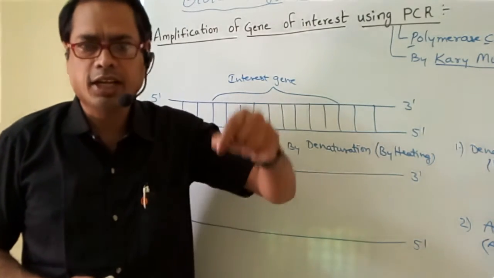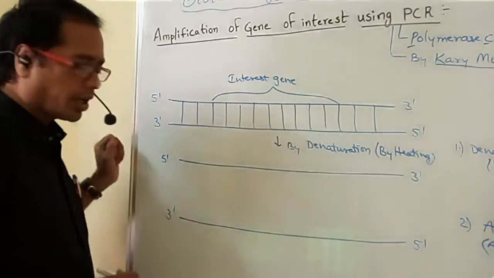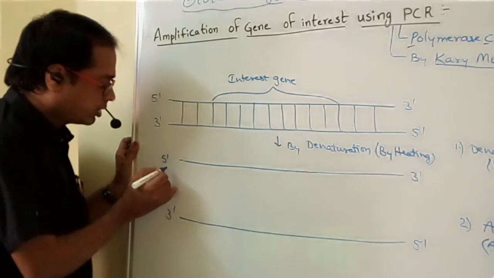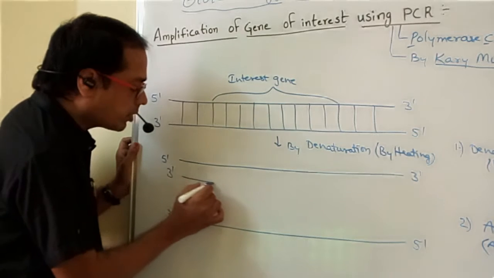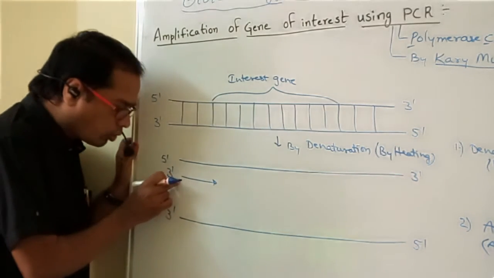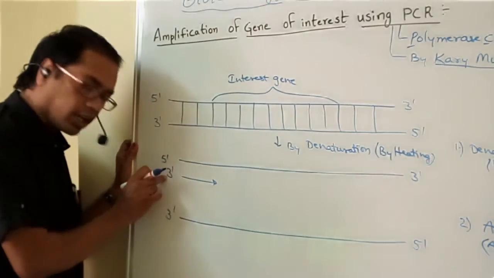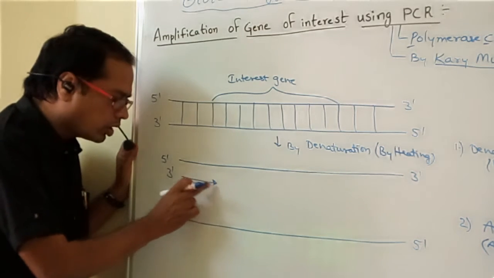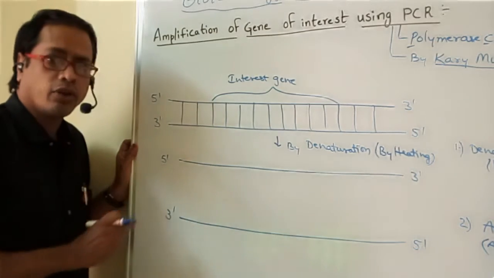Primer is attached at the 3' to 5' parental strand. Now look here, my dear students. If this is a 5 end, this would be the 3 end. If we attach a primer here, it goes like this. What is this direction? 3 to 5. Did you get it? So do not attach here. Where do we have to attach?